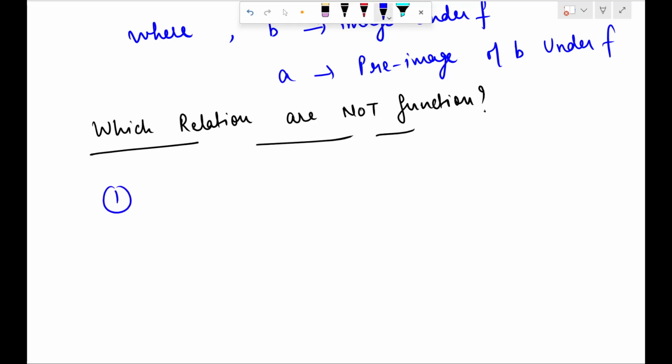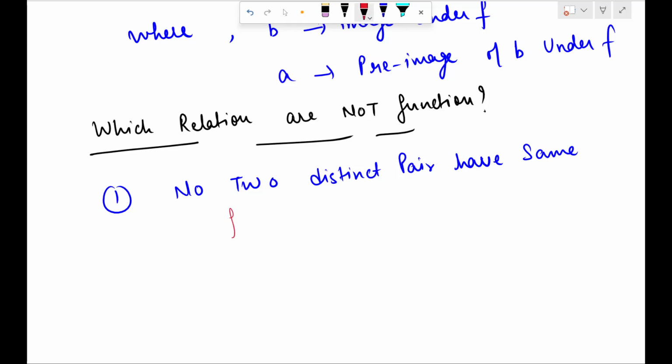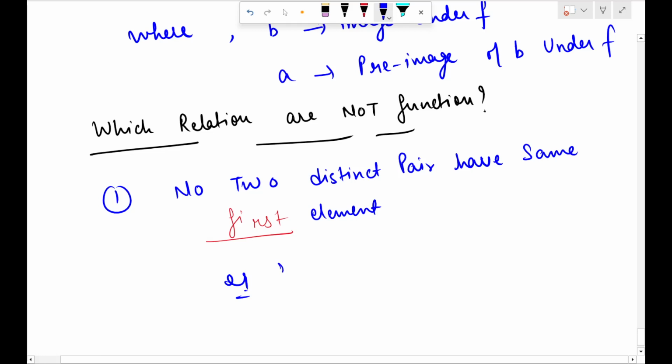First, no two distinct pairs should have the same first element. For example, we have (1, 2) and (1, 3).